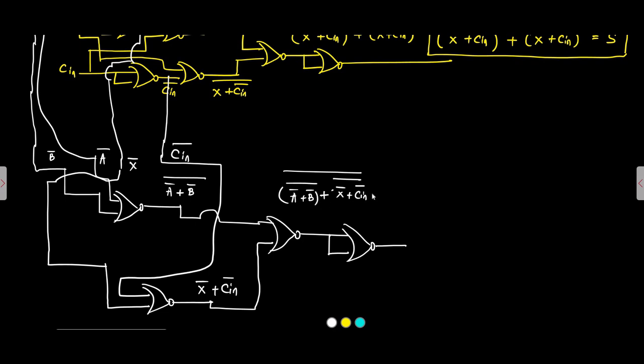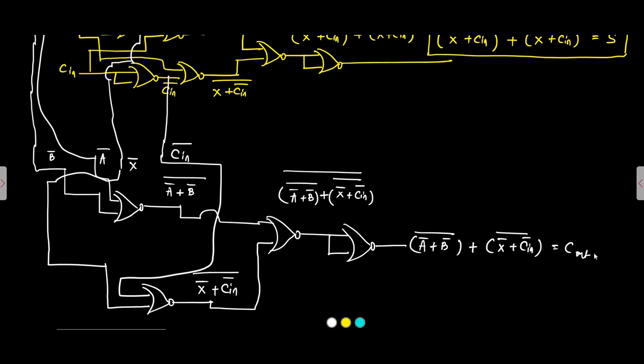In order to remove this upper complement, we have to pass it through another NOR gate, which will finally give A bar or B bar whole complement, or X bar or C in bar whole complement, which is the final carry expression.